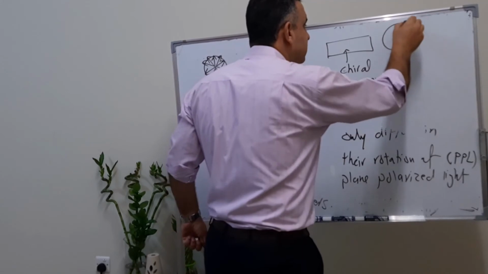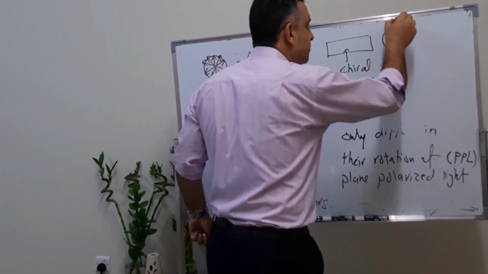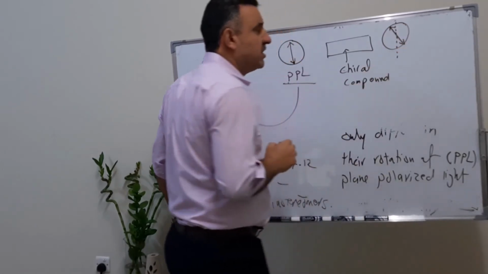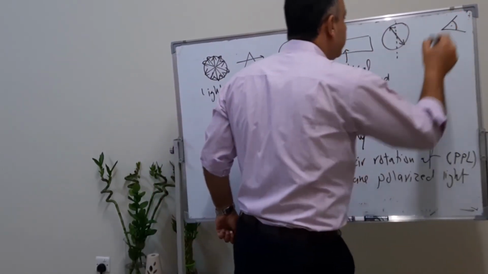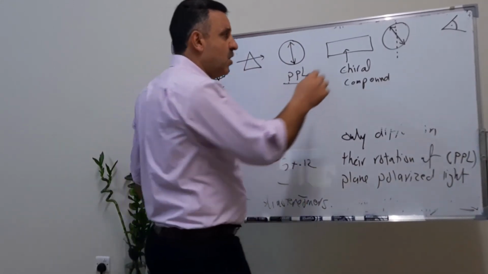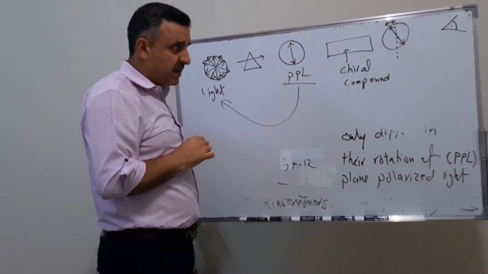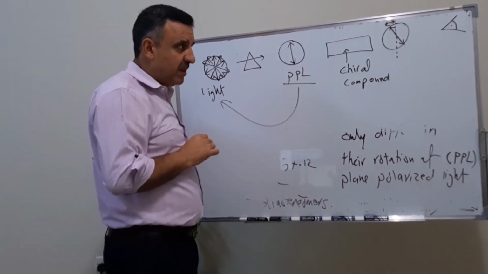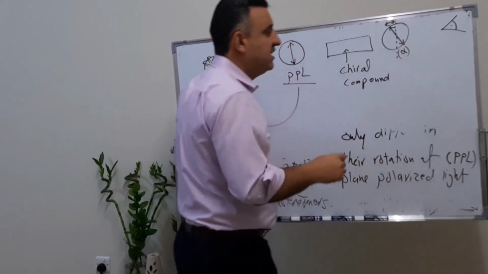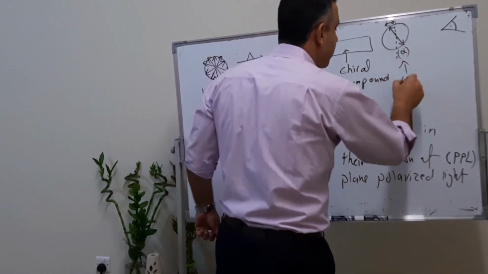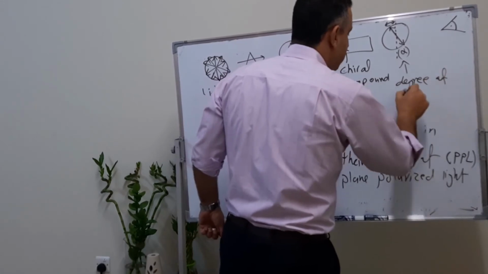It will be rotated this way from its original place. So if you are looking at this plane polarized light, you will see a certain rotation of it. Do you follow me? This rotation is what we call the alpha, the degree of rotation of plane polarized light.